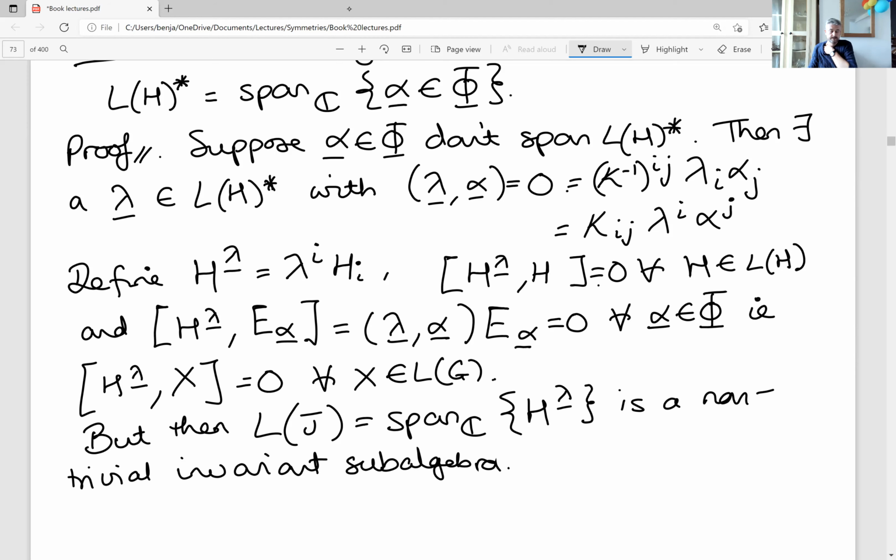So this contradicts this fact that the Lie algebra is non-degenerate. So I've been implicitly taking simple Lie algebras.